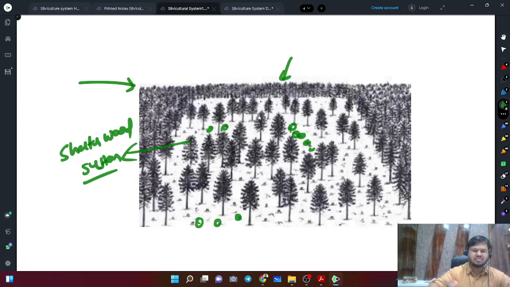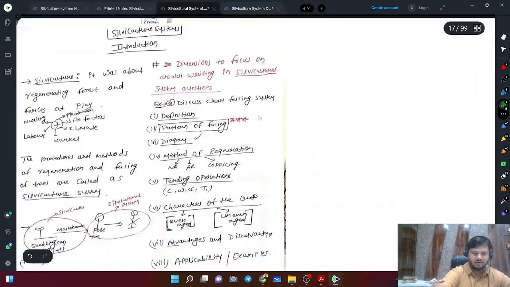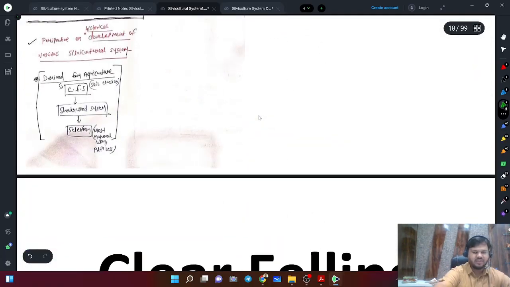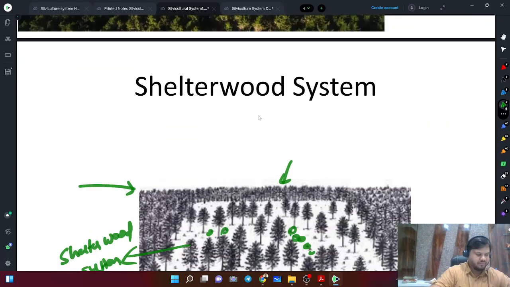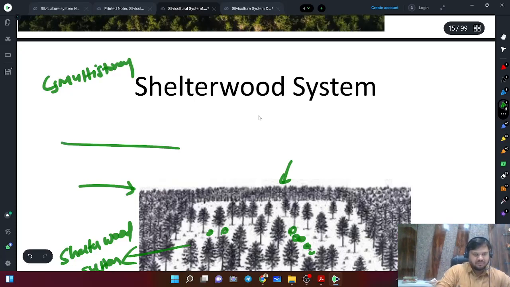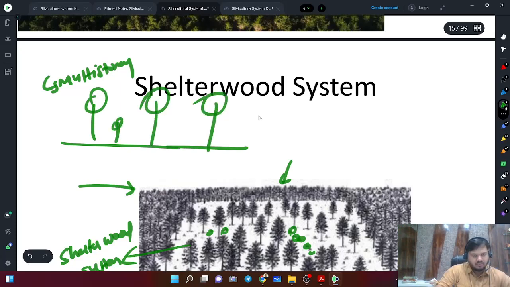And then there is selection system. We'll take it up later, right? Not only this, there were other systems also formed, like the multi-storied system. We will study all that. There is a forest with some bigger trees, and then some smaller trees also, like multiple canopy.